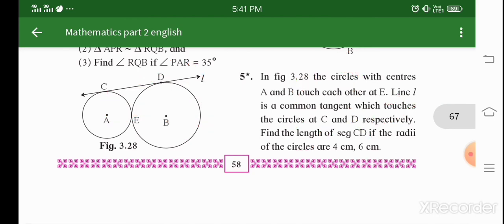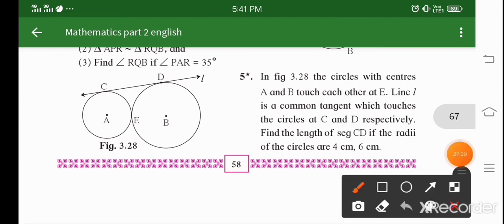Now you will get a right angle triangle. This is a rectangle, but here you are getting a right angle triangle, right?